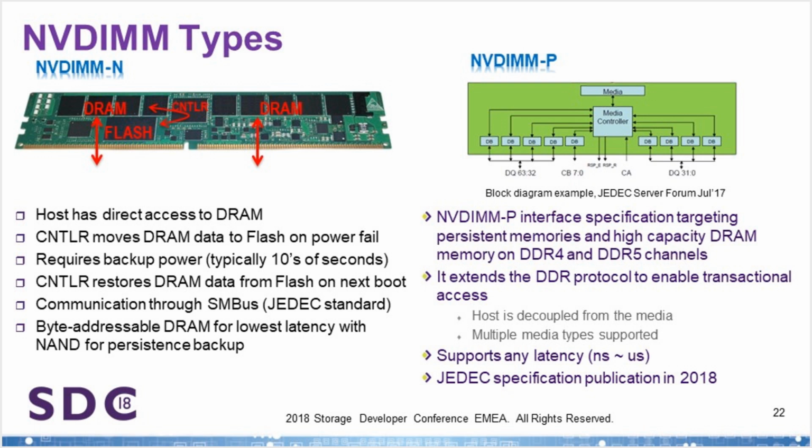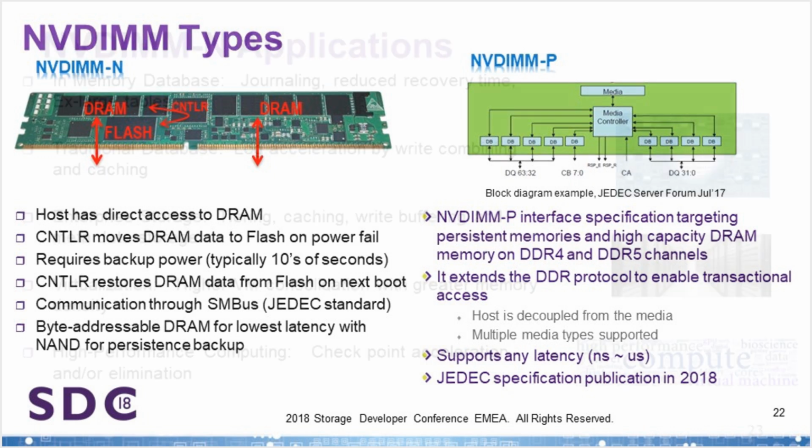So the host is essentially decoupled from the media, and then you can support multiple media types. And this is the key here: it supports any latency from nanoseconds to microseconds. So your host adjusts to whatever actual persistent memory is on the card.